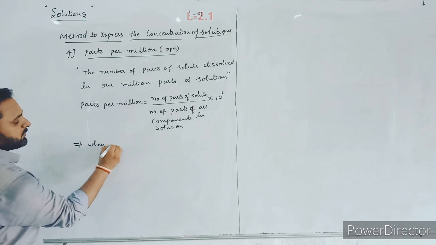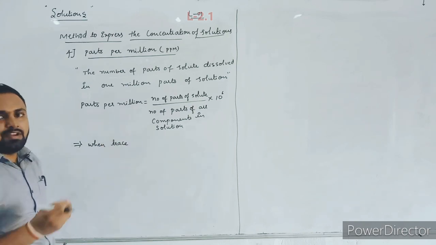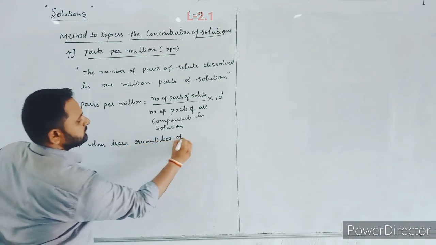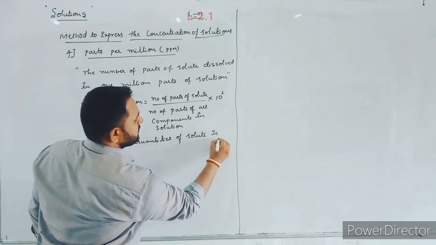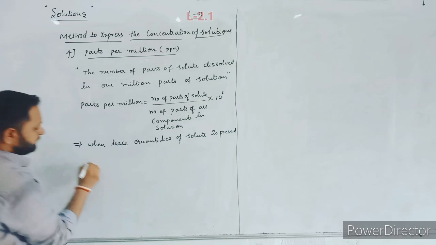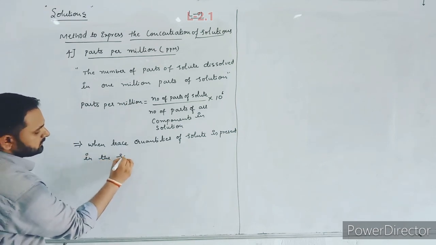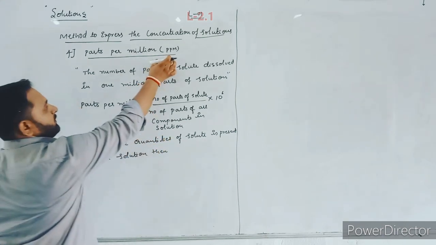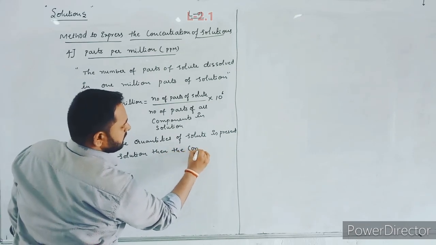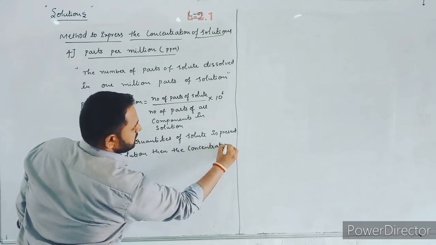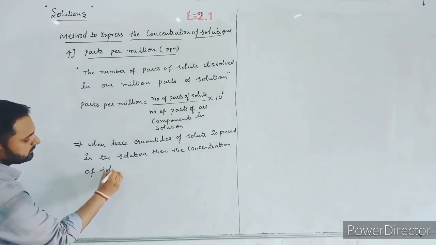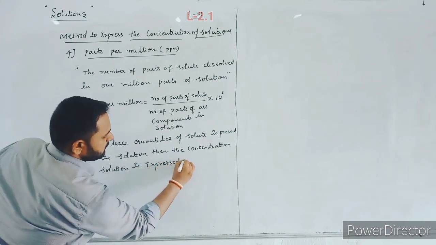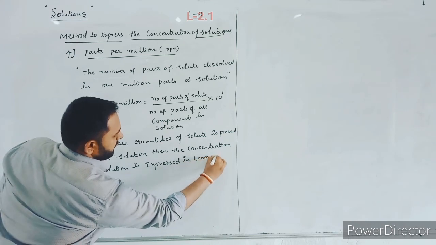When trace quantities, means very small quantities, of solute is present in the solution, then the concentration of solution is expressed in terms of ppm.